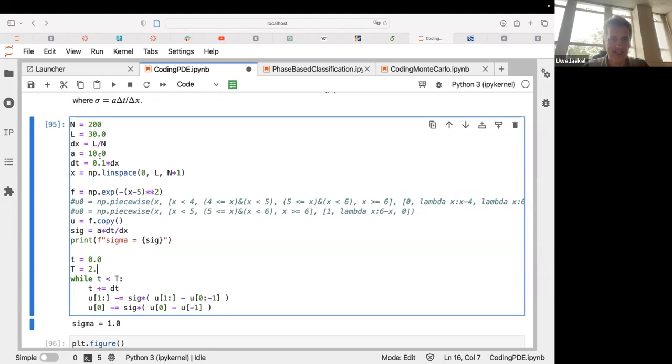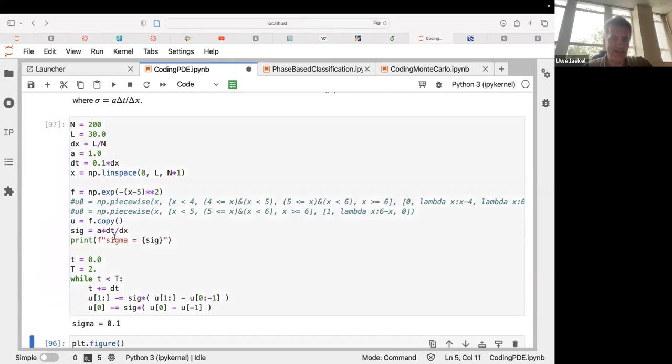But if we make sigma smaller, we are no longer exactly on the characteristic, but the characteristics are connecting parts of the interval with other parts of the next interval. So the grid points are not on the characteristics, so we get some incorrect information.